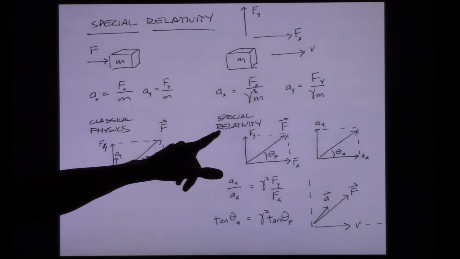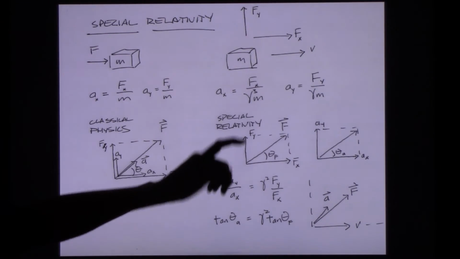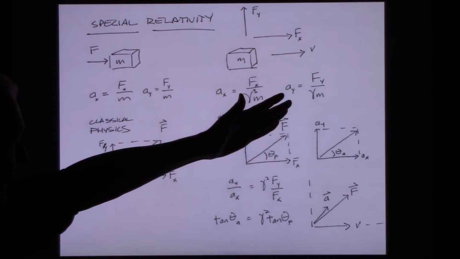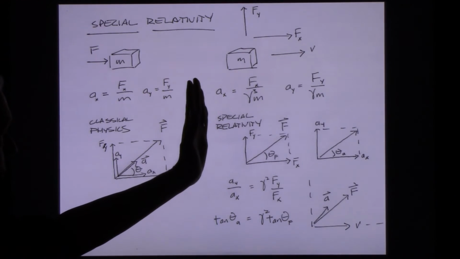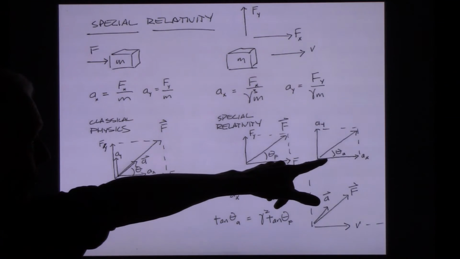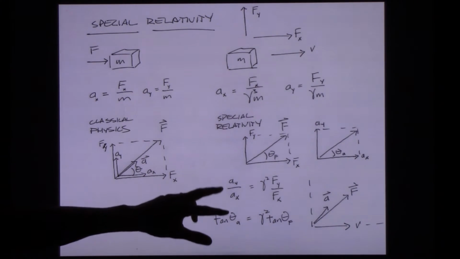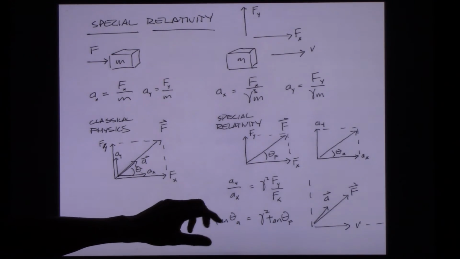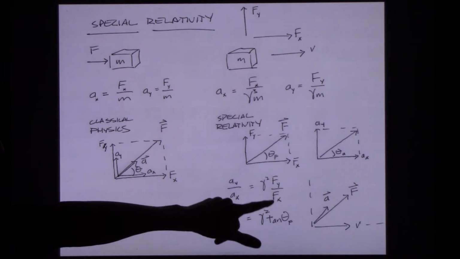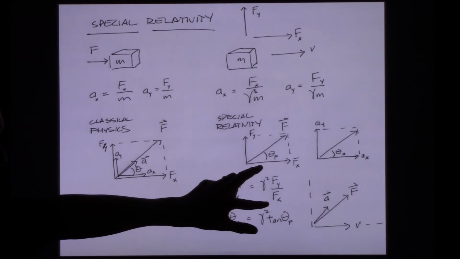What that would say is that special relativity says if I've got something traveling in the x direction and I apply a force at an angle such that there's an Fx and there's an Fy component, the angle of acceleration does not line up with the angle of the force. What we can say is that ay over ax is equal to gamma squared Fy over Fx. So that ratio of the accelerations does not match the ratio of the forces.